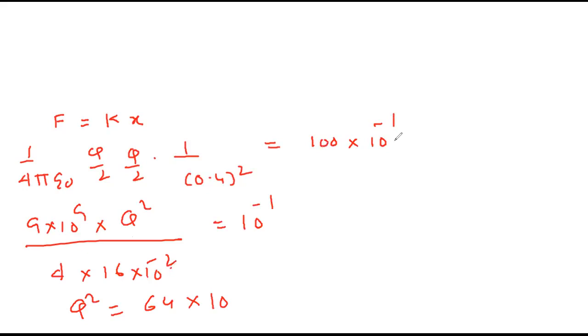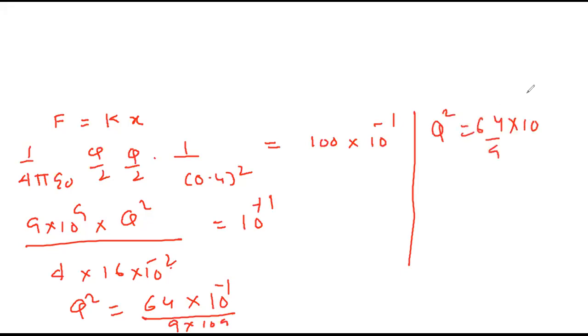This is 100 into 10 raised to minus 2. This is plus 1. So 10 raised to minus 1 upon 9 into 10 raised to 9. So Q square will be 64 upon 9, 10 raised to minus 10. Q equals to 8 upon 3 into 10 raised to minus 5 coulomb. That is 80 upon 3 microcoulomb.